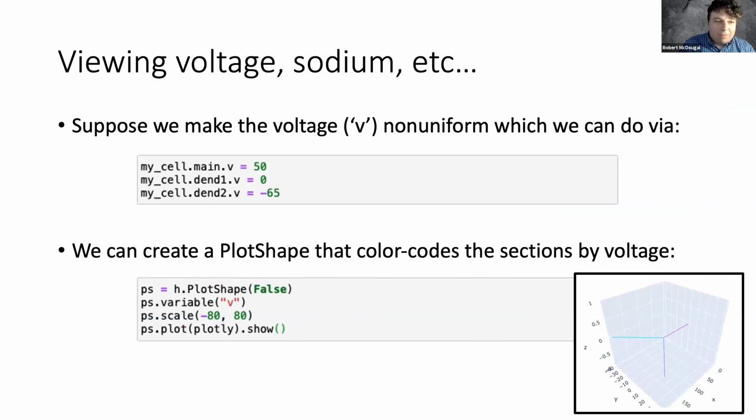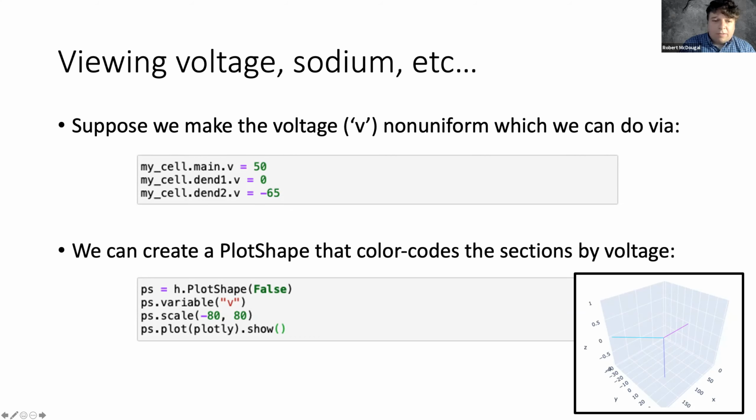But once you have that, regardless of what you're using, if you're using InterViews, matplotlib, plotly, doesn't matter. If you have different voltages, let's say, you can use whatever your plot shape object is, .variable, to select the thing that you want to plot. So here I'm plotting voltage, and I'm scaling it between -80 and 80. And so this is going to give me sort of a heat map distribution of voltage, where I've set it as I did before.